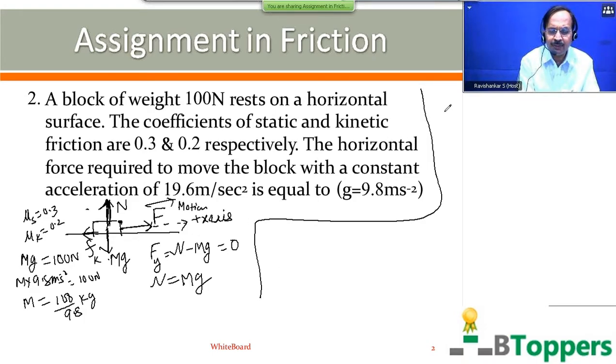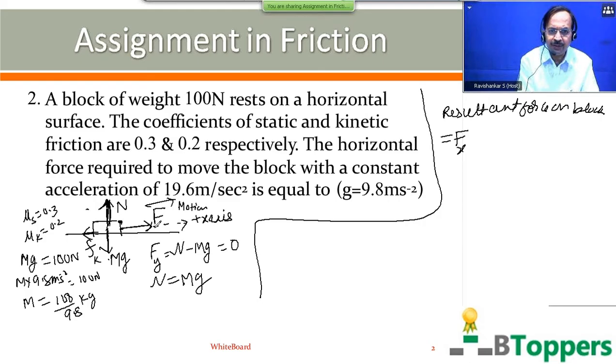If Fy is 0, the resultant force on the block is equal to Fx, meaning the resultant of the forces acting on it along the x-axis. F is the magnitude of the horizontal force applied on the block by an external agent.